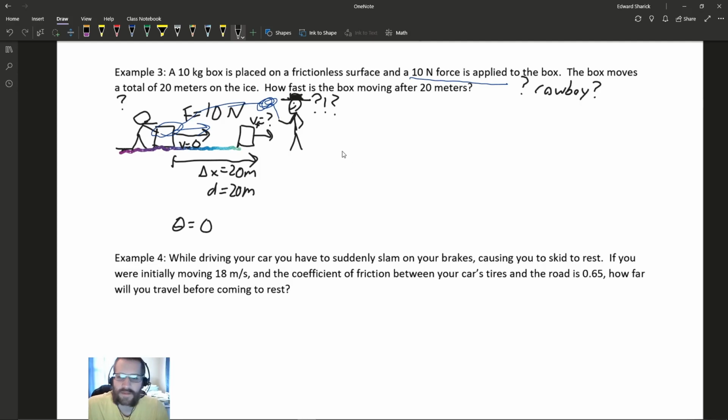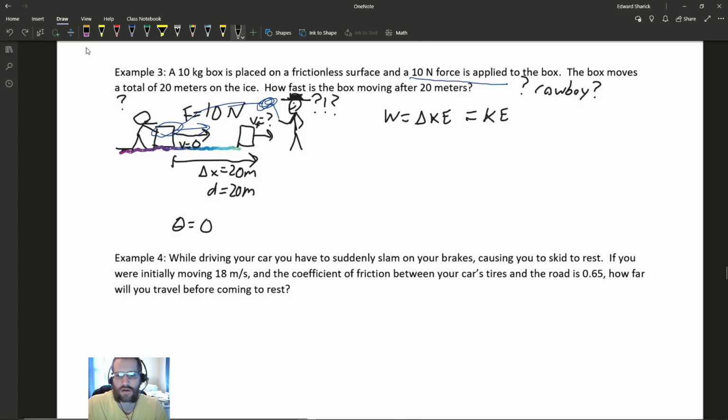All right. So we've got a couple things here. I can't go directly into this work kinetic energy equation because I don't have what the work is. And I also don't really have this change in kinetic energy. I know that I want to find V final. I can look at this piece of the equation and analyze this initially, and that's what we're going to do here.